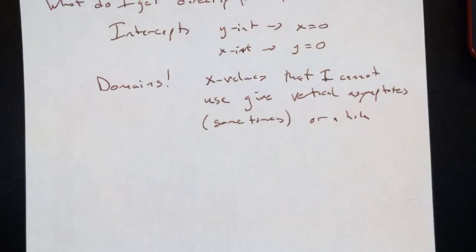But if I'm thinking of asymptotes, I don't just have vertical asymptotes. Sometimes I have horizontal asymptotes too.